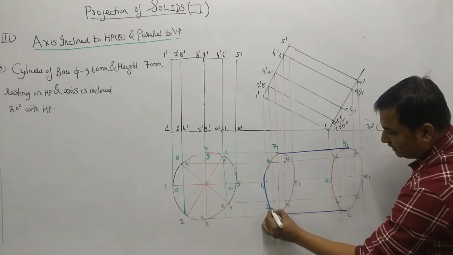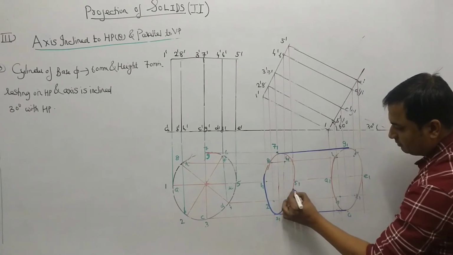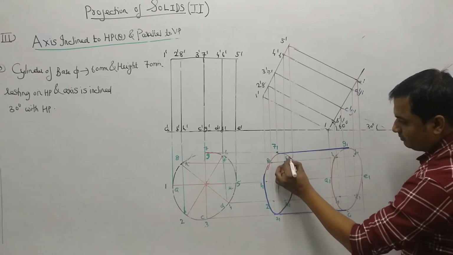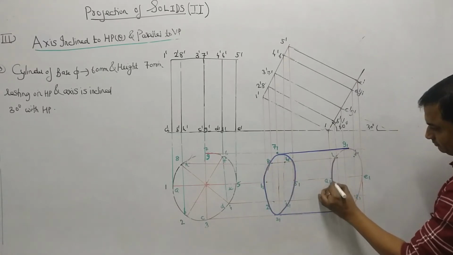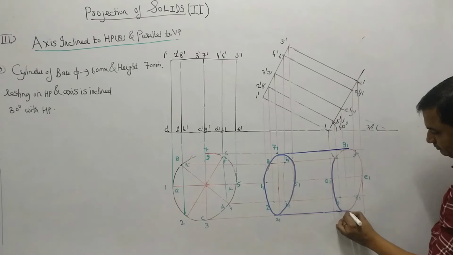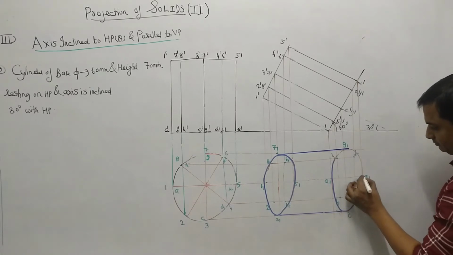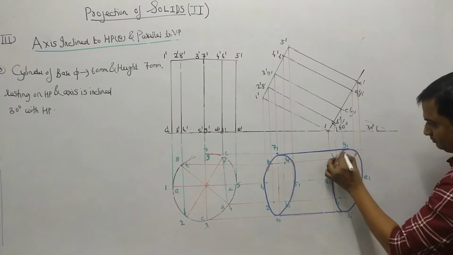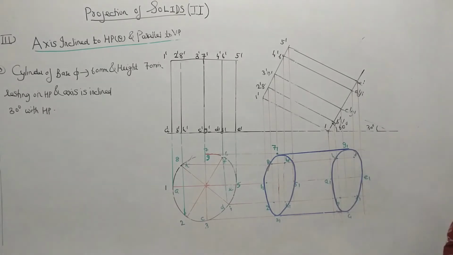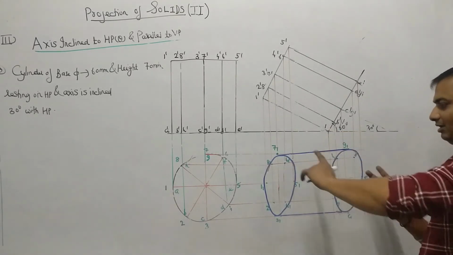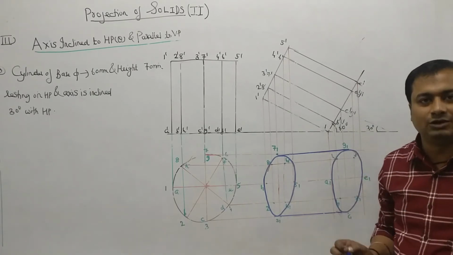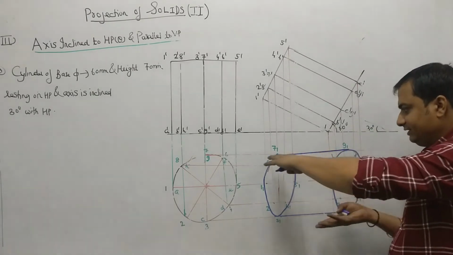I will just make a different color. Fine. So you have to make these two tangents only. Don't join all other lines. No need of joining anything now, because from the top you will only see two tangents.